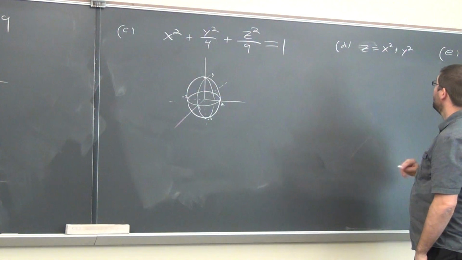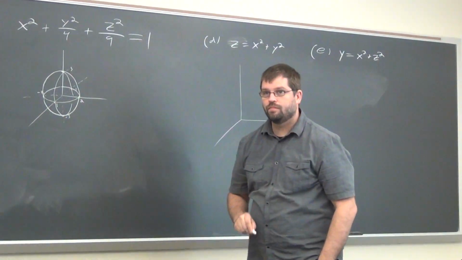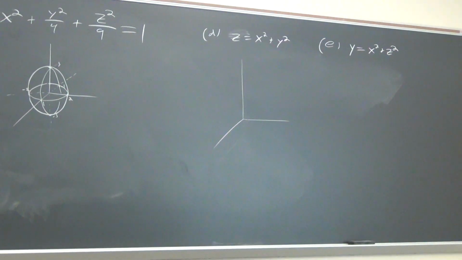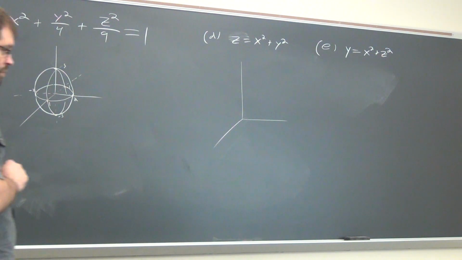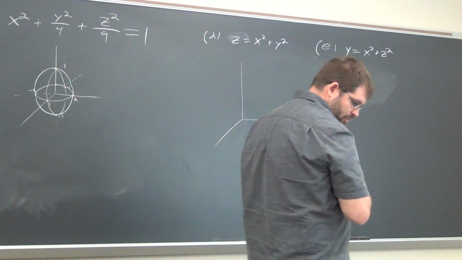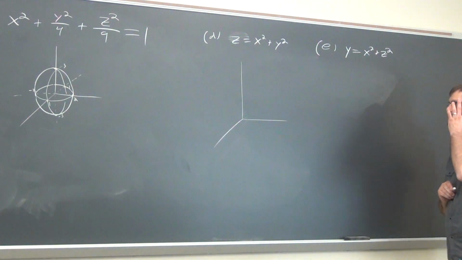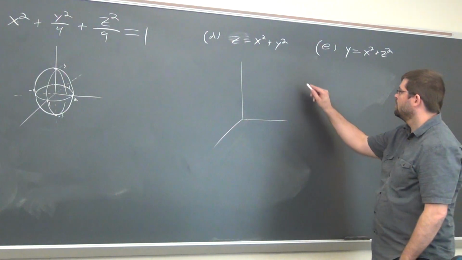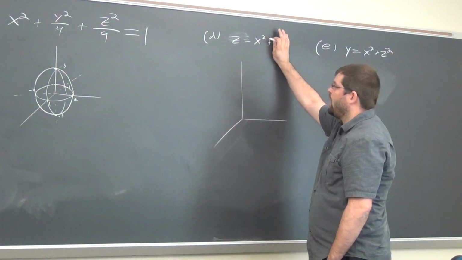Okay. How about this guy? So z equals x squared plus y squared. So you can do this in a couple different ways. What if there's no x?